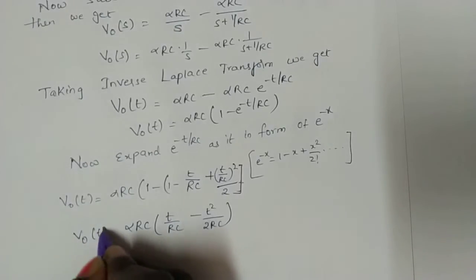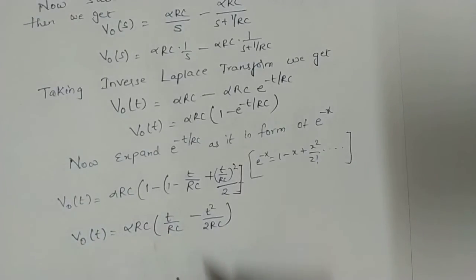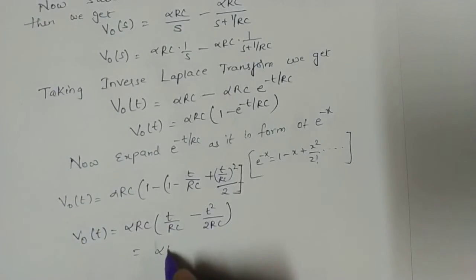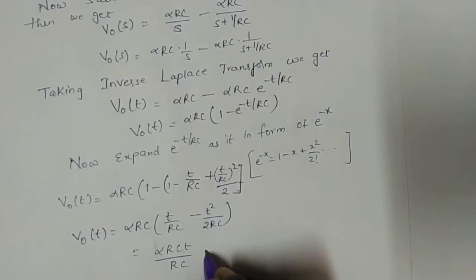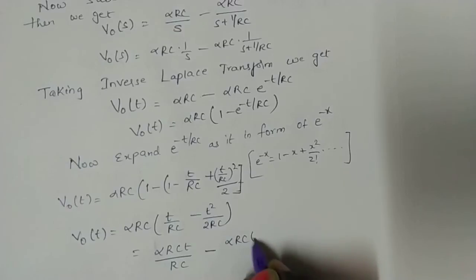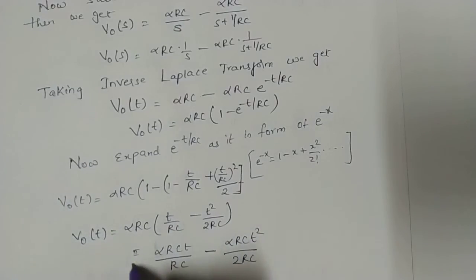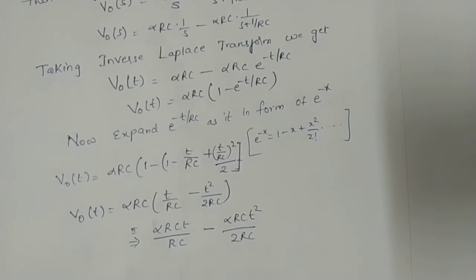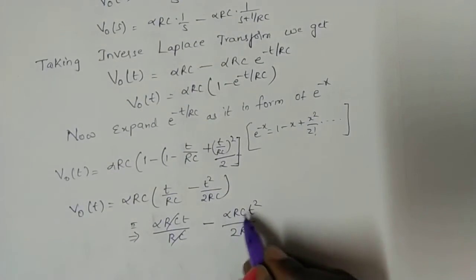This is V naught of t. Now again simplify this one, it will be alpha RC t by RC minus alpha RC t square by 2 RC square. Now cancel the RC terms in the numerator and the denominator.